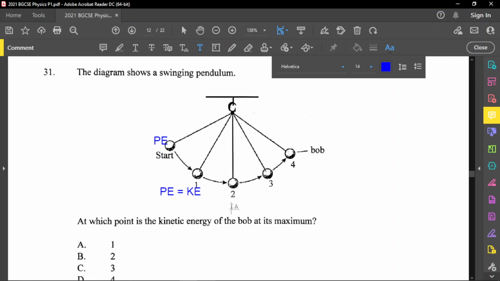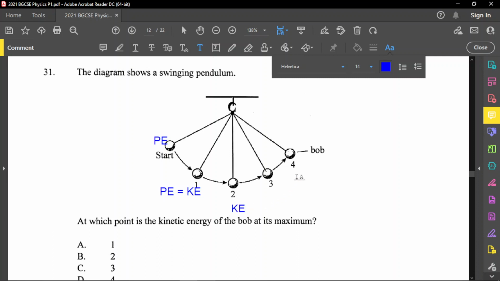At point 2, you will only have kinetic energy because the potential energy has totally converted into kinetic energy. At the rest position in the middle, there's no height of the bob, so all the potential energy is now converted to kinetic energy.